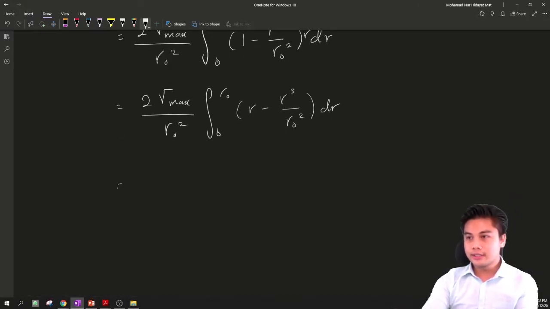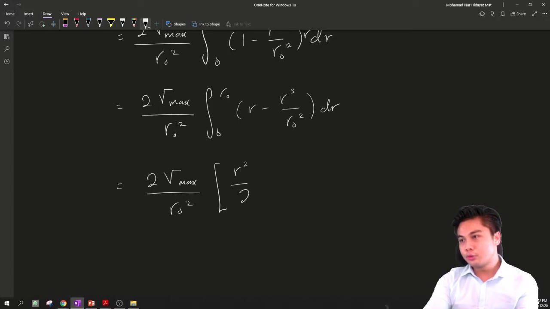So the integration becomes 2V max over R naught squared times R squared over 2 minus R to the power of 4 over 4 R naught squared.